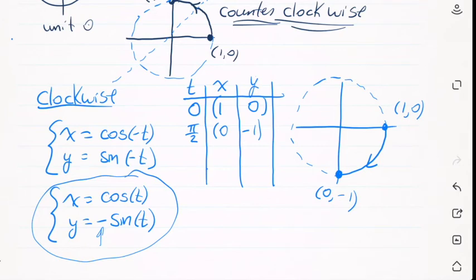Instead of plotting 1, 0 first, you would plot 0, 1 first, and then plot 1, 0 second. So you'd be going in the opposite direction, starting at the top, which is a little weird for drawing a unit circle.